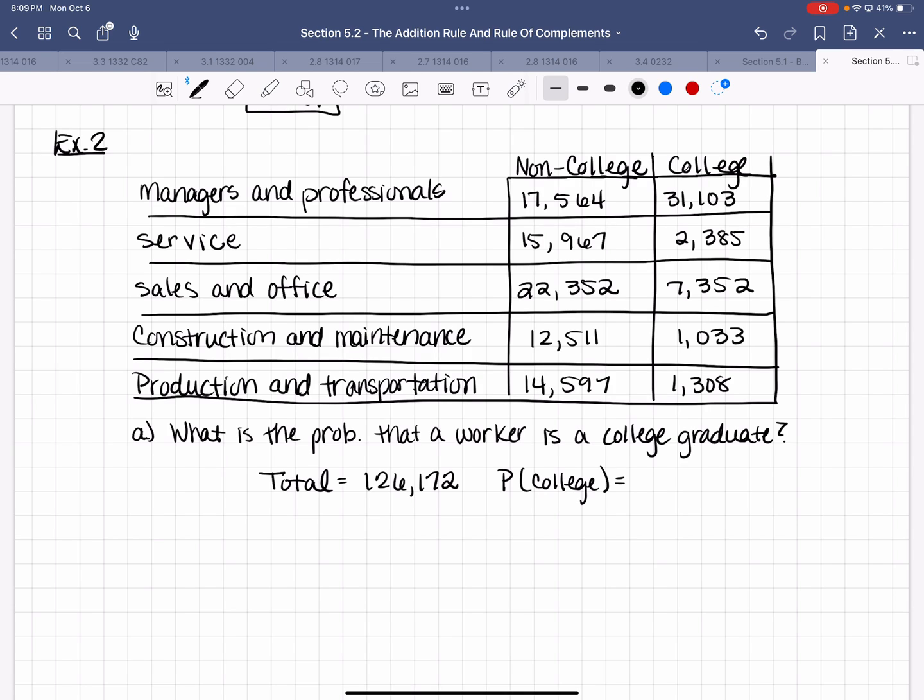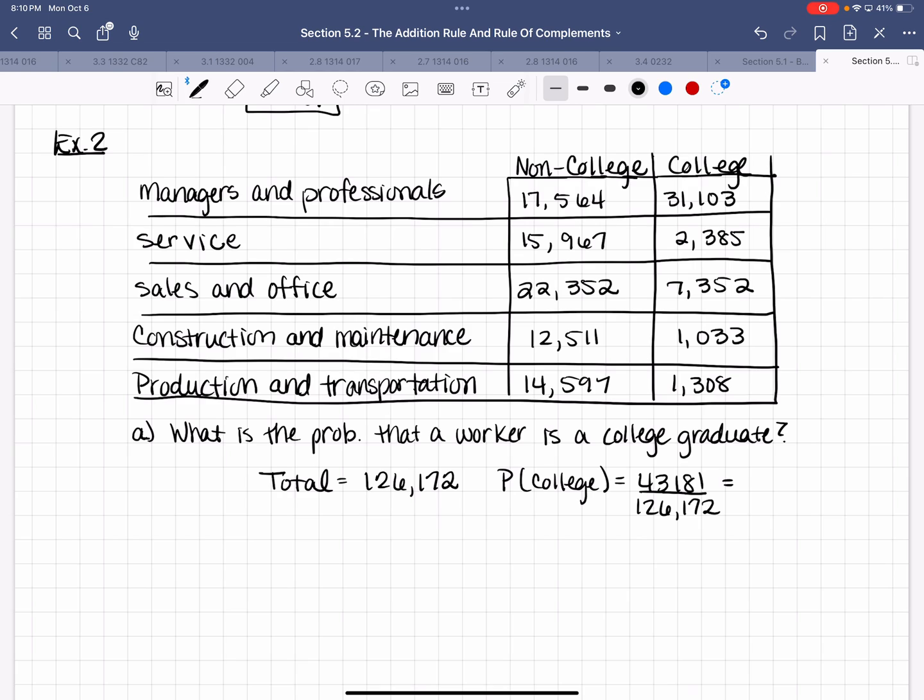43,181 over the 126,172. So divided by 126,172. 126, not 123.